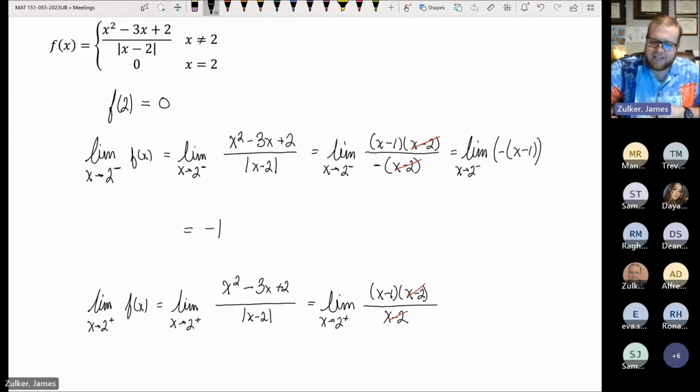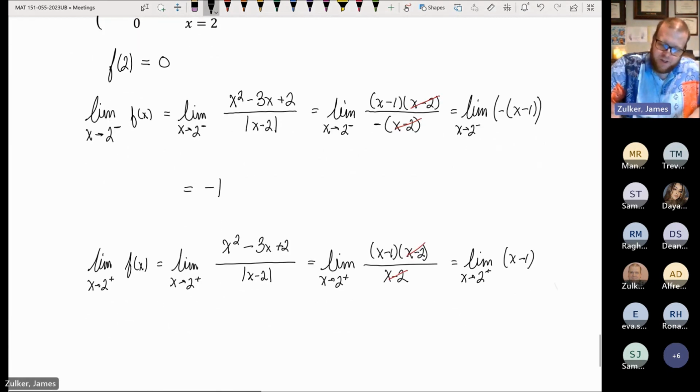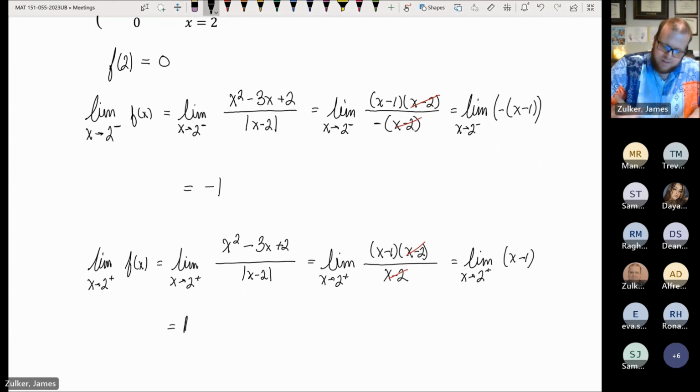So the absolute value gives us x minus 2. Leaves us with the limit of x minus 1, which is positive 1.